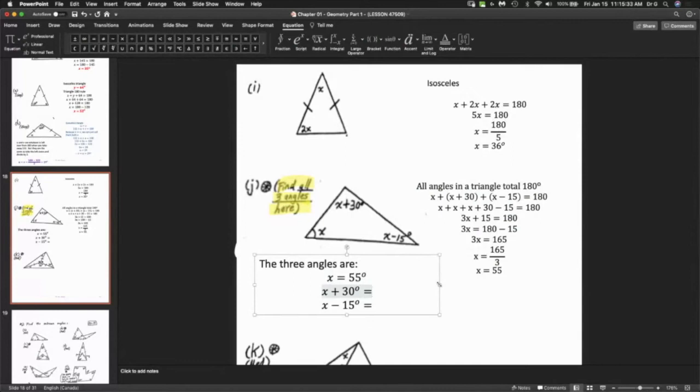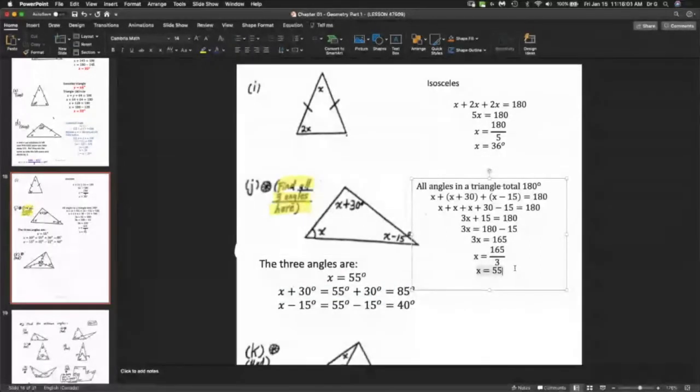The second one is 55 plus 30, which is 85. And the last one here is 55 minus 15, which is 40. And that, my friends, is a complete answer.